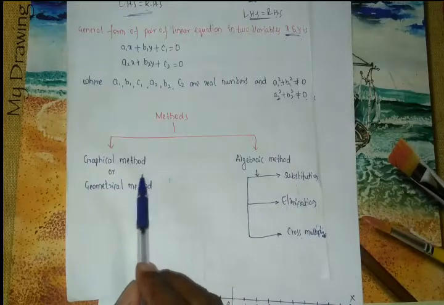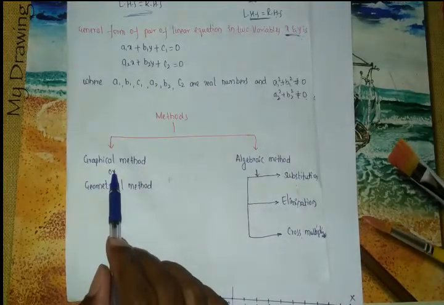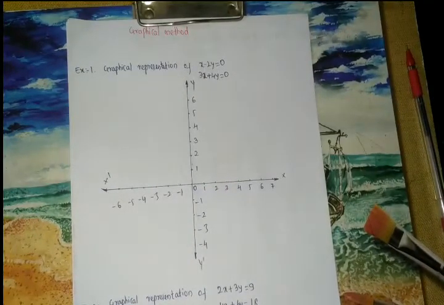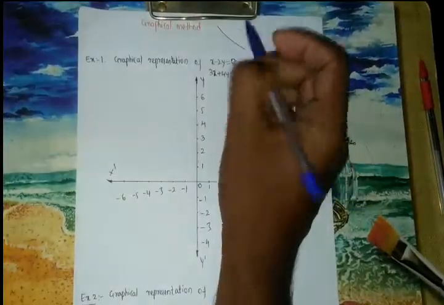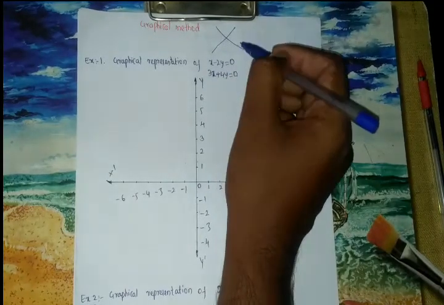Let us discuss the methods separately. Let me go with the graphical method. It represents a linear equation in two variables with a straight line. Three possibilities may happen. The first possibility is that two lines intersect at a point. Say this is one line of equation 1, and this is another line of equation 2.